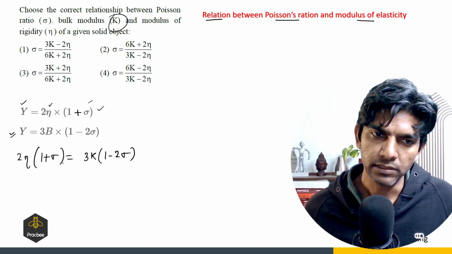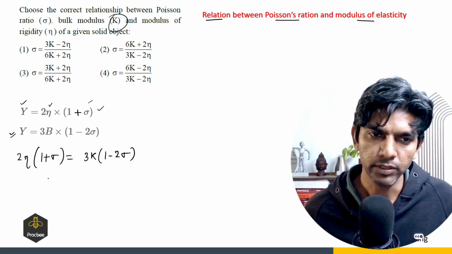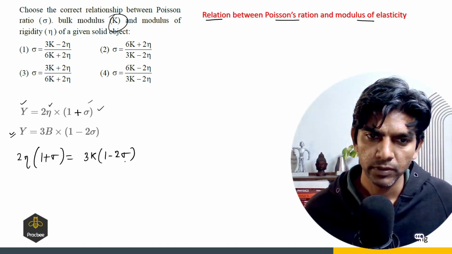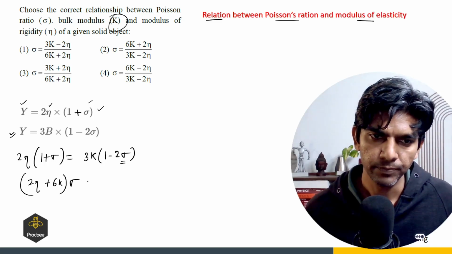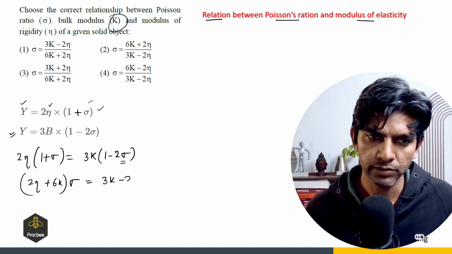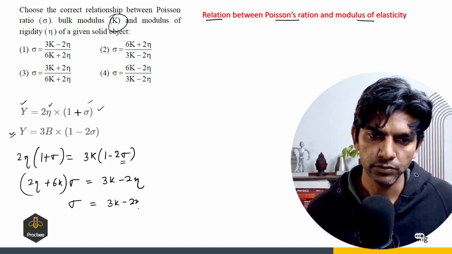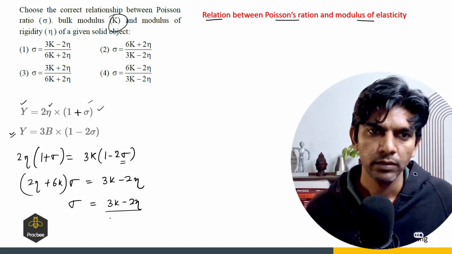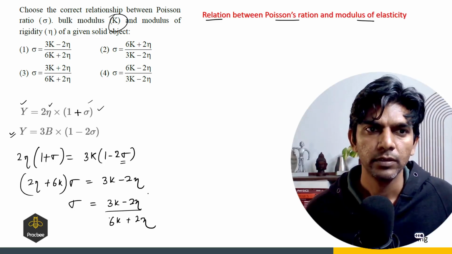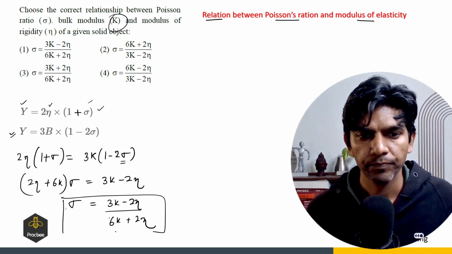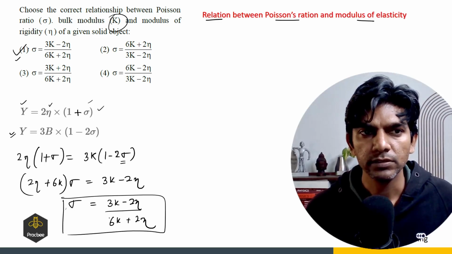Now from this, let us club terms which contain sigma. So I'm taking this term on the left side, so we'll get 2 eta plus 6k times sigma equals 3k minus 2 eta. So sigma comes out to be 3k minus 2 eta divided by 6k plus 2 eta. So if we compare this, option 1 is the right answer.